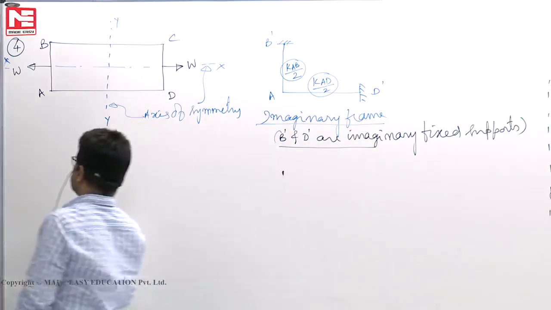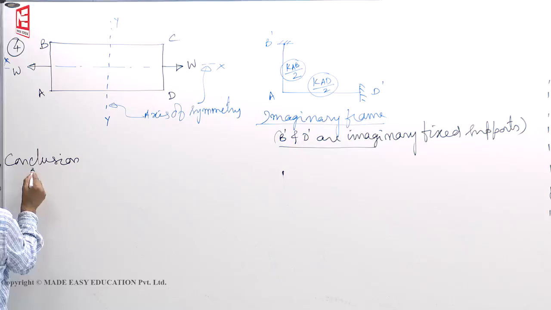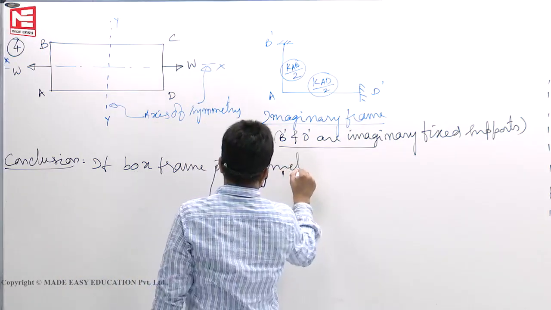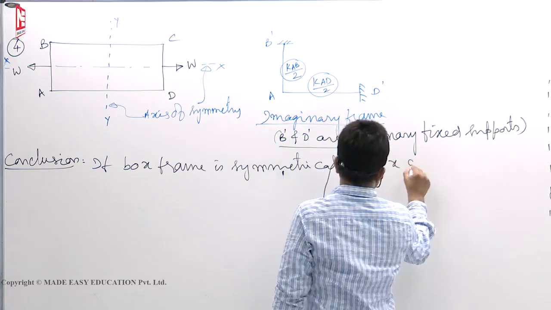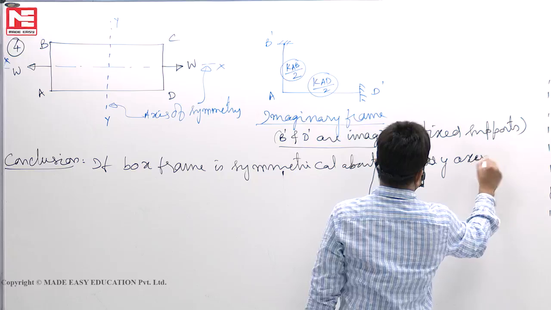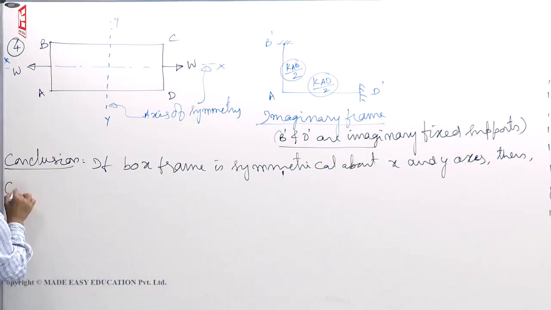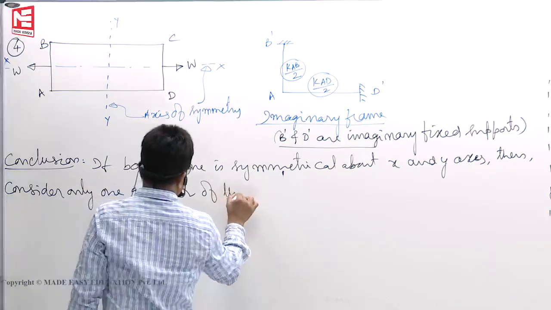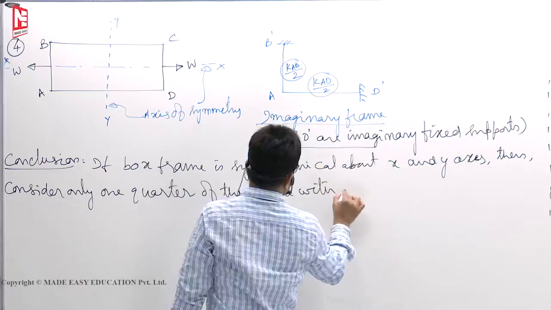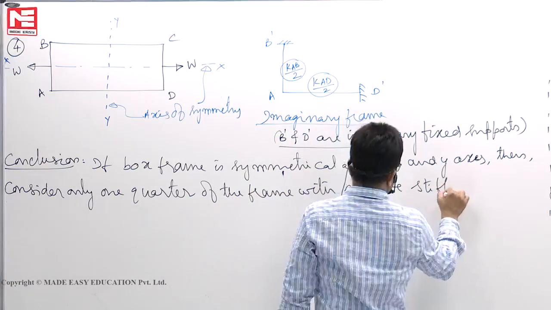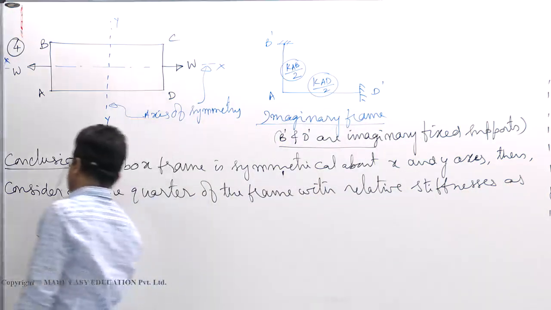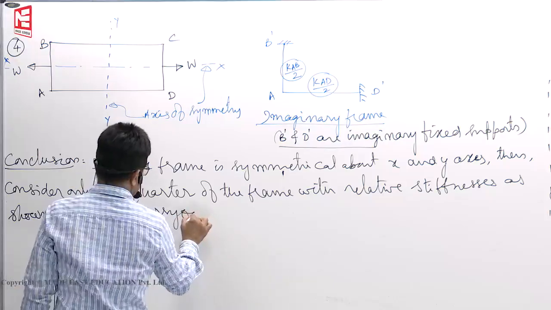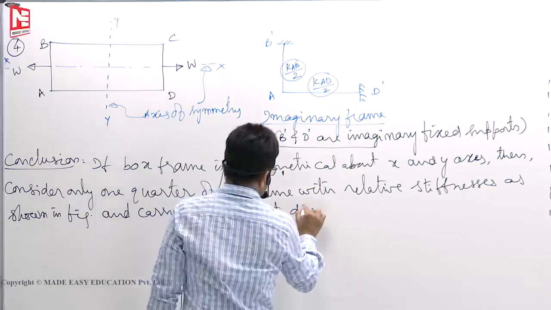Okay, so your conclusion: if a box frame is symmetrical about x and y axis, then consider only 1/4 of the frame with relative stiffnesses as shown in figure, and carry out moment distribution.